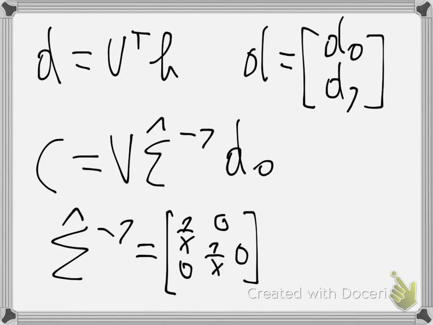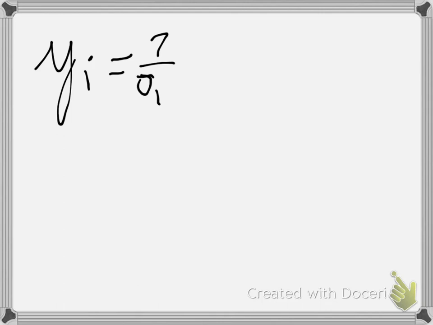There's another way to do it, just so that you know it. You can find some element yi, which is given by 1 over sigma i times ui transpose times B. So you multiply your vector B with one of your vectors u transpose, and then you divide by the ith singular value, and then you get your ith element in the vector y.